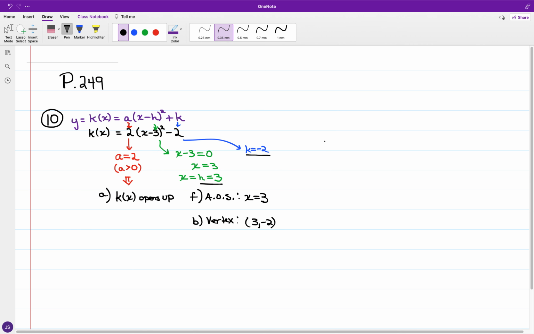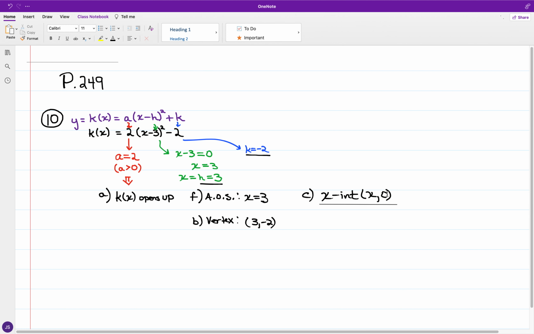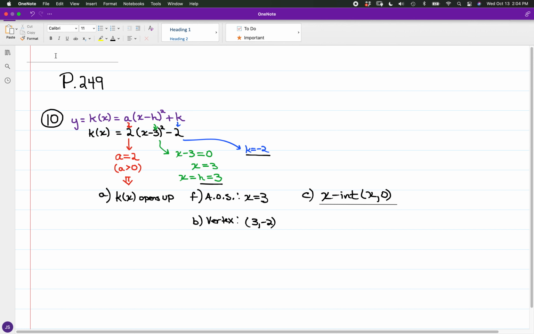For part C, we're looking for the x-intercepts. And for each x-intercept, we're setting the y value to 0 while solving for x.